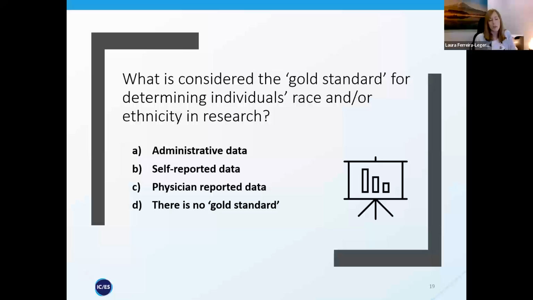So I'll just stop there for a minute, make sure everyone's paying attention. I wanted to do a really quick Zoom poll just to answer a quick question before we proceed. So what is considered the gold standard for determining individuals' race and or ethnicity in research? So if we could launch that poll, we'll just give it a few minutes. Oh, there it is. I see it.